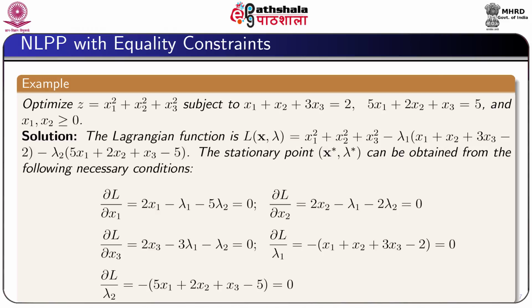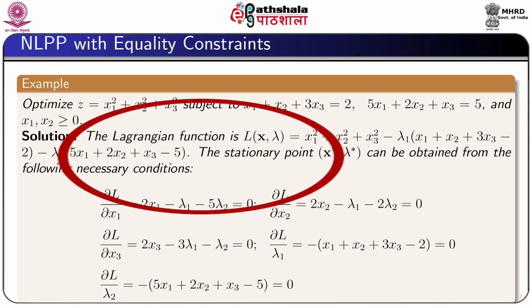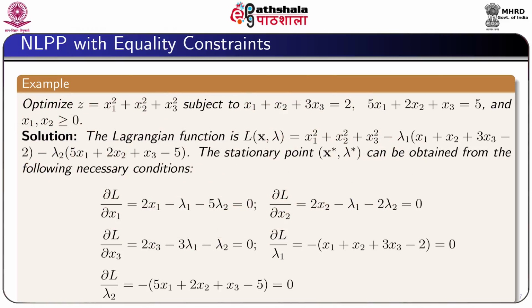Optimize z equal to x1 square plus x2 square plus x3 square subject to x1 plus x2 plus 3x3 equal to 2, 5x1 plus 2x2 plus x3 equal to 5, and x1, x2, x3 greater than or equal to 0. The Lagrangian function L is defined as x1 square plus x2 square plus x3 square minus lambda1 into (x1 plus x2 plus 3x3 minus 2) minus lambda2 into (5x1 plus 2x2 plus x3 minus 5).